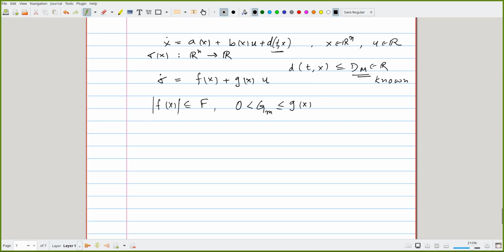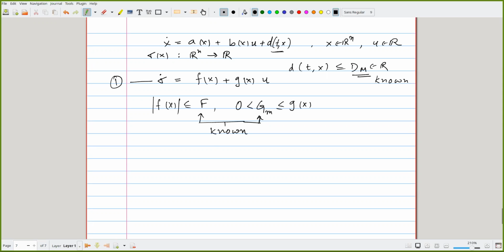We assume F and g small m are both known. Then we can stabilize this equation.